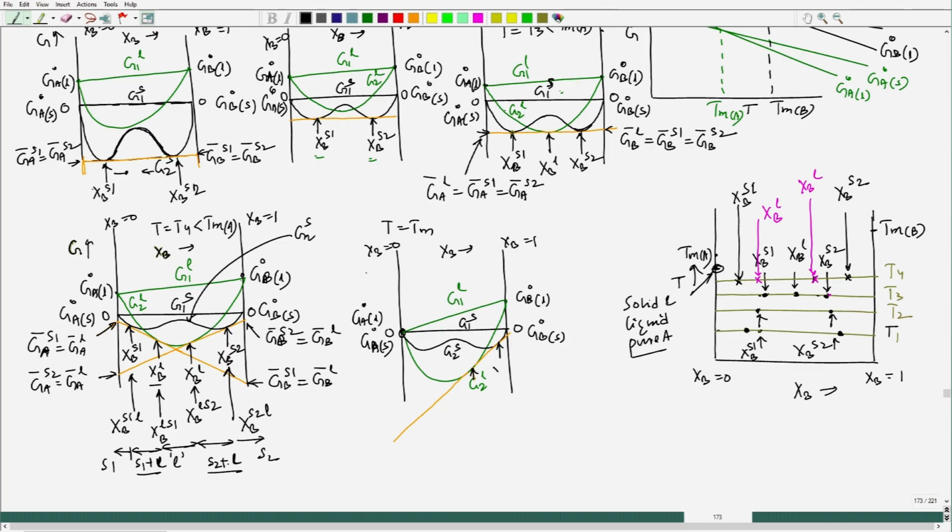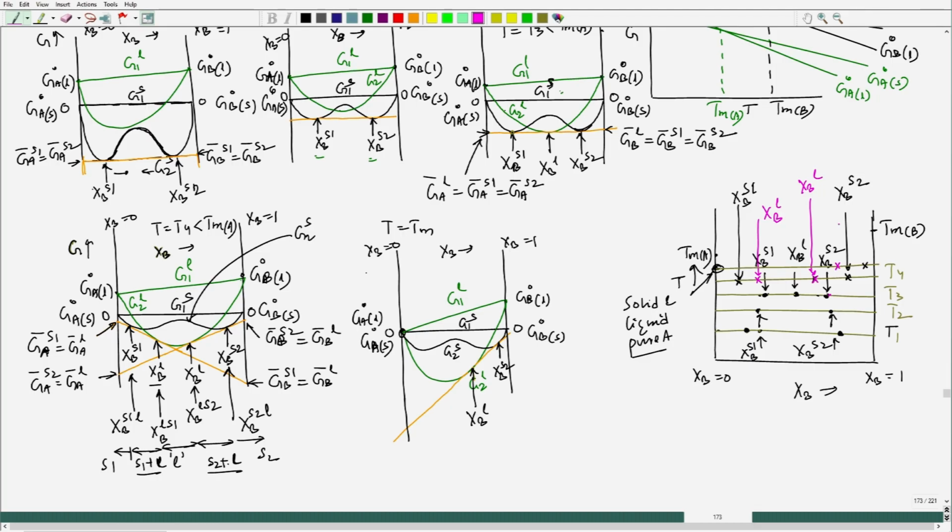So, this is X B of S2 and this composition is X B of liquid, and the corresponding equilibrium condition you can write down. Now, here at Tm, the solid composition will shift towards right, but the liquid composition will also shift towards right.